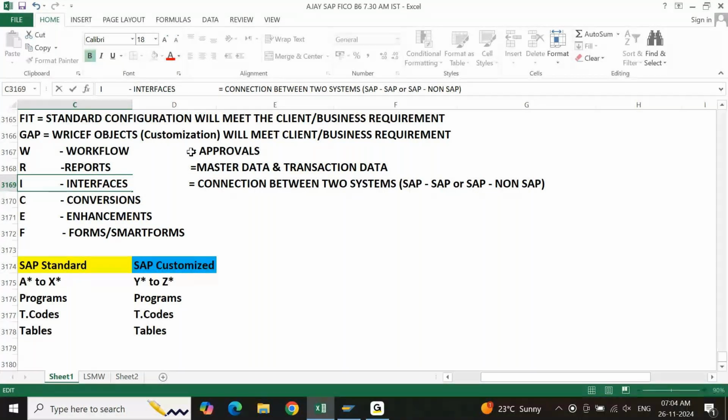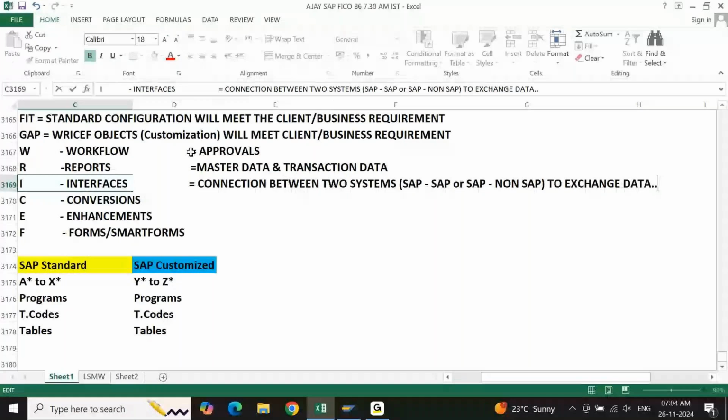Now, when you are connecting two systems, what will you do while connecting the system? You will do the data exchange. There are 2 points in our data flow in SAP FICO by the word data.